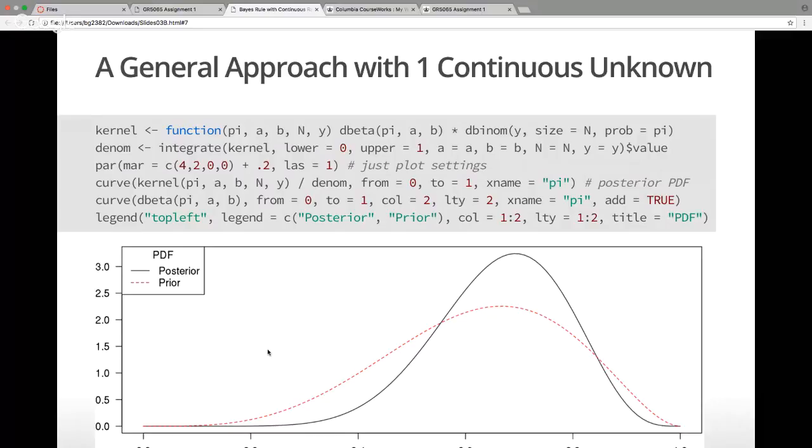R has an integrate function to do numerical integration, so get the value of that, which is just some number. Then you can plot your posterior PDF, before it was the CDF: evaluate that kernel function and divide by the denominator. That's the black line there. You could compare it to your prior PDF, which is just the beta distribution with parameters a and b. That's the red line there.